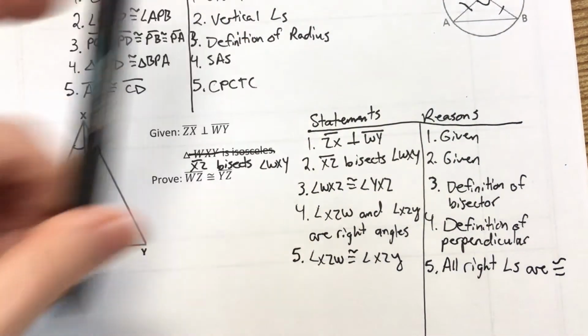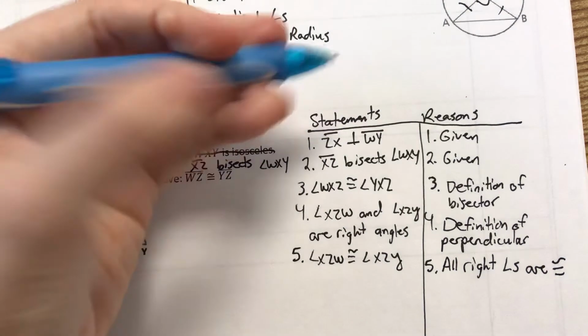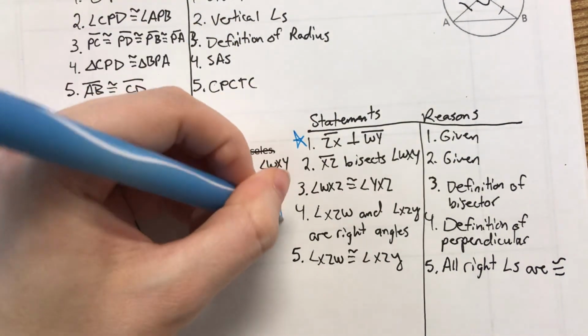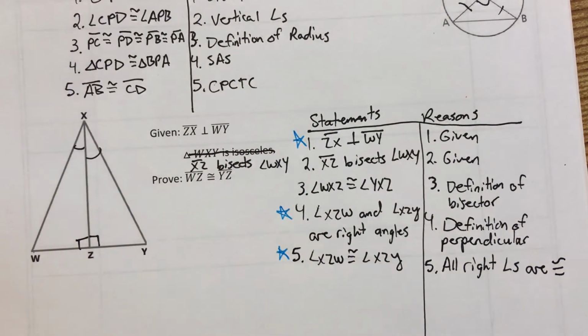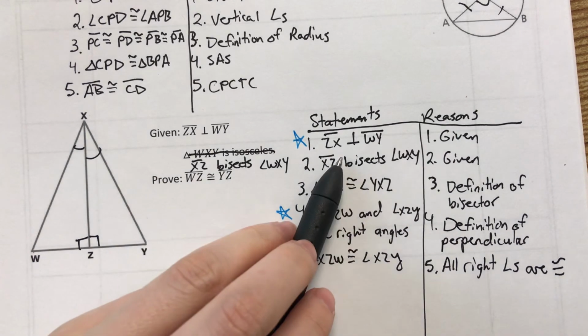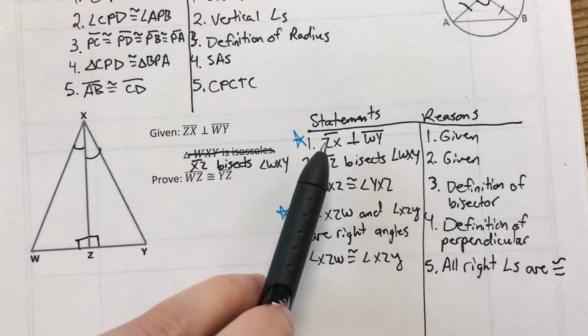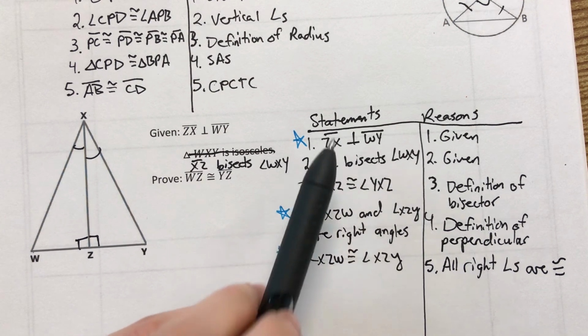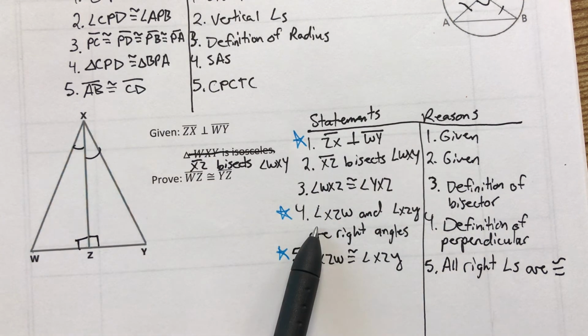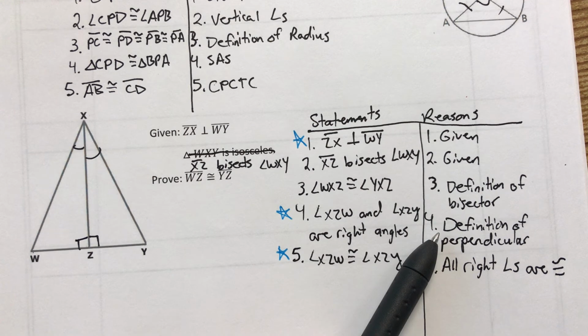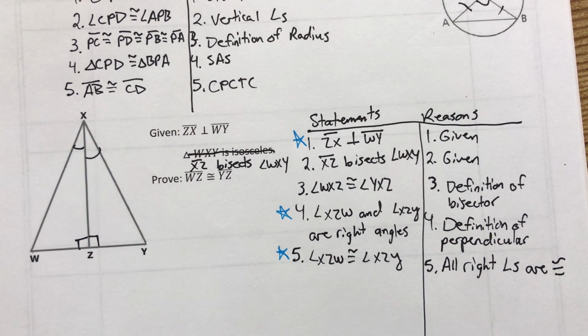I need all 3 of these steps in order to go from perpendicularity to congruent. So anytime you start with perpendicular lines and you need to show that the two angles are congruent, you need to use all 3 of these steps. ZX is perpendicular to WY. That means we have right angles by the definition of perpendicular, and that means we have 2 congruent angles because all right angles are congruent.